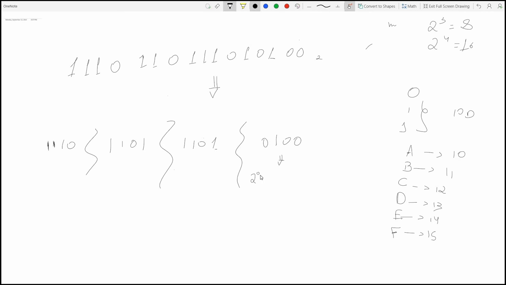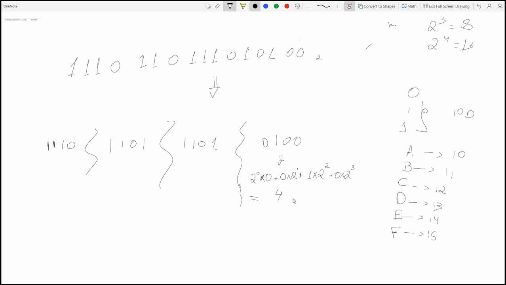It's the digit multiplied by the base to the power of the weight: 0 times 2 to the power of 0, plus 0 times 2 to the power of 1, plus 1 times 2 to the power of 2, plus 0 times 2 to the power of 3. And here the answer is 4.